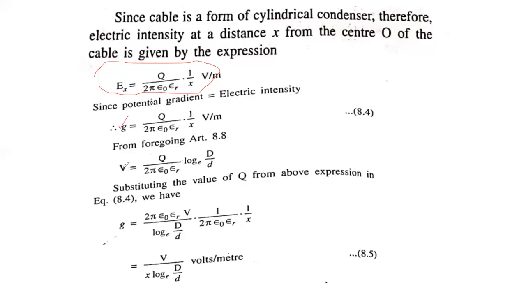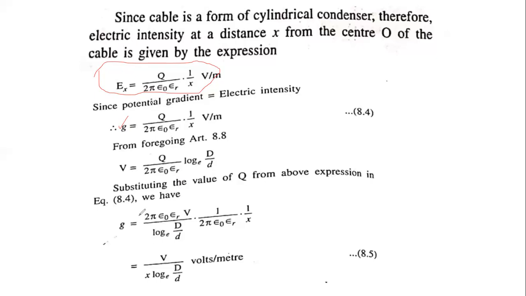From the Poisson theorem, voltage V is equal to Q by 2 pi epsilon naught epsilon r log D by d. Substitute the Q value in this equation. Therefore G is equal to 2 pi epsilon naught epsilon r V by log D by d into 1 by 2 pi epsilon naught epsilon r into 1 by x.